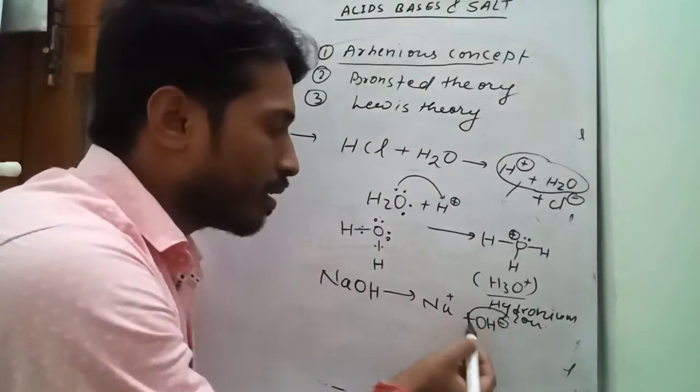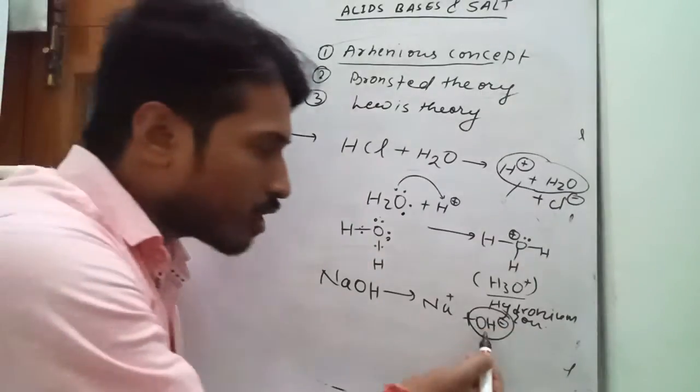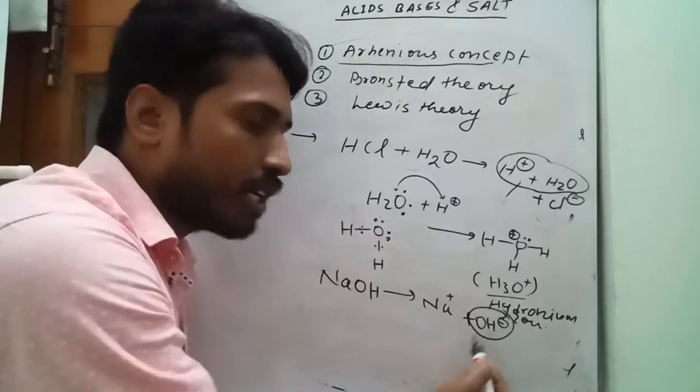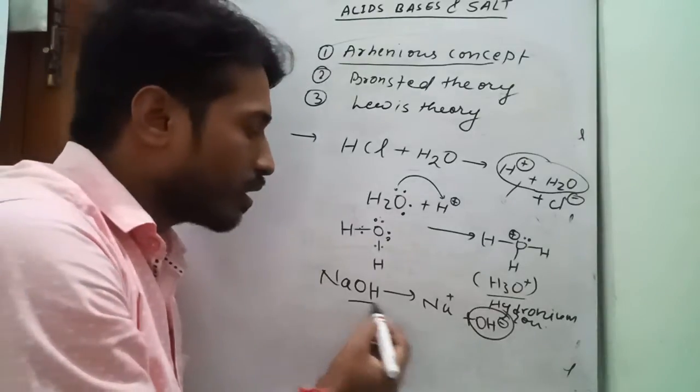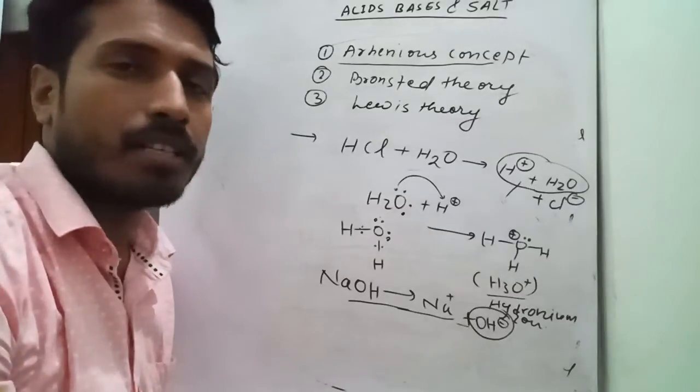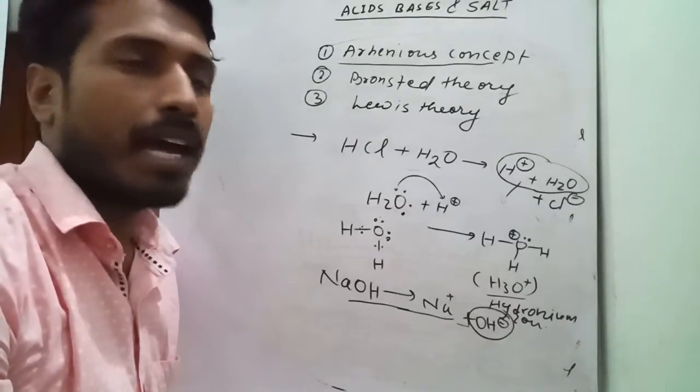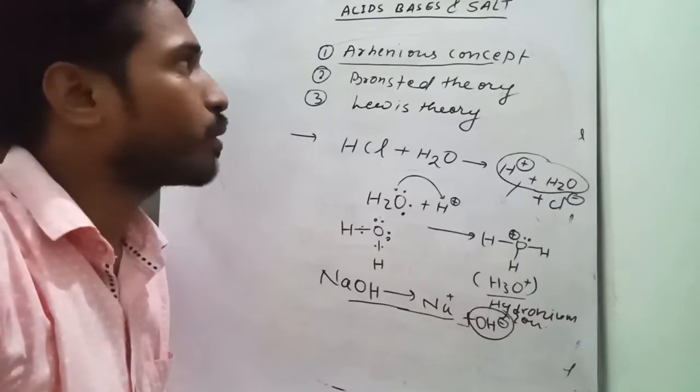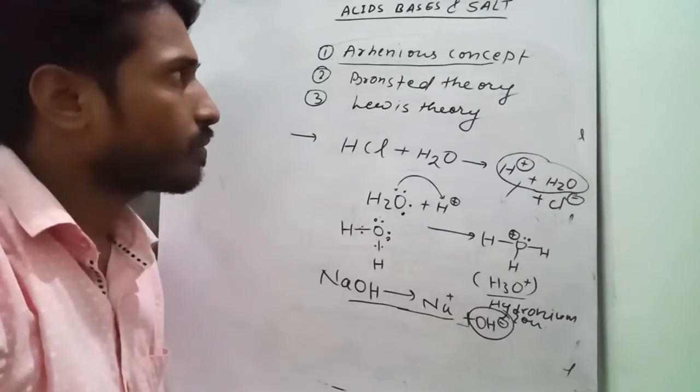OH negative is given out in the water, so the concentration of OH negative in the water will increase. That means bases are defined as those which can donate OH negative ions. This is the concept of Arrhenius theory.